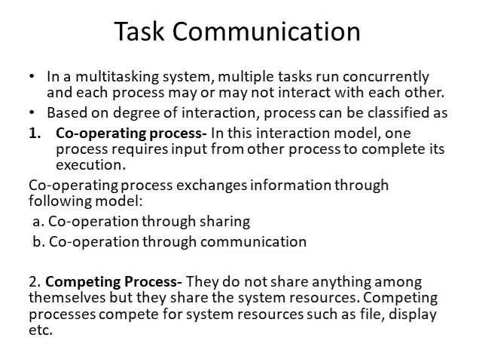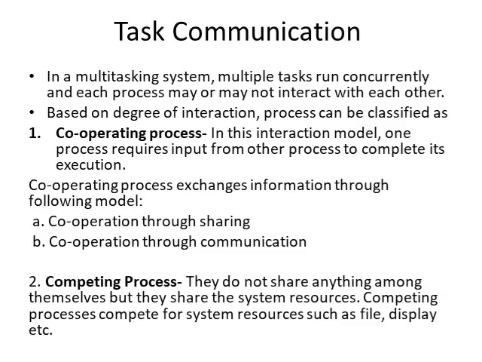So multiple processes are competing for a share of system resources, like files, display, input output devices, etc. The sharing occurs only between the processes for the system resources, so such processes are known as competing processes. To conclude, cooperating processes are the ones where sharing as well as communication occurs, whereas in competing processes only sharing of system resources occurs.